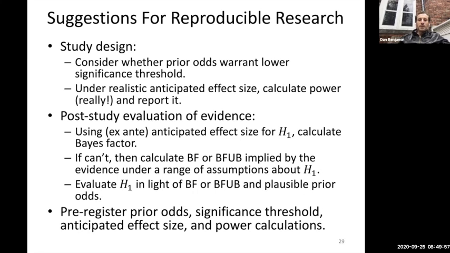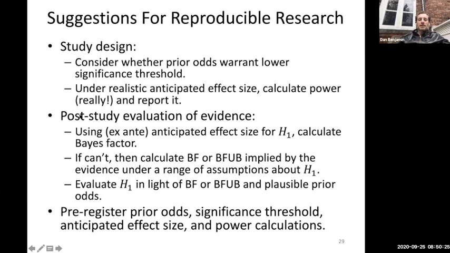Once you've determined the significance threshold, then ask yourself, what is my power given the anticipated effect size? And really calculate it and really report it, because that's going to be relevant for evaluating what kind of evidence you could have hoped to get out of a study, get out of the statistical significance, given that level of power.